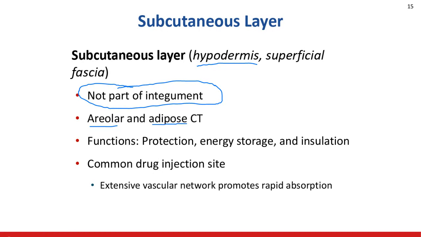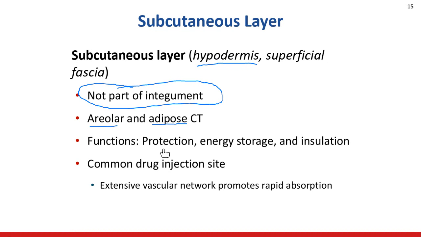So the adipose pretty much is going to define the functions of this layer, because adipose tissue is energy storage, obviously. It also provides insulation. If you have a little bit higher content of fat on you, it will help to insulate you, keep you warmer in colder climates. And it also acts as protection because it can offer cushioning.